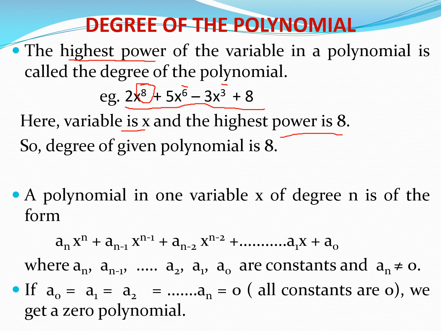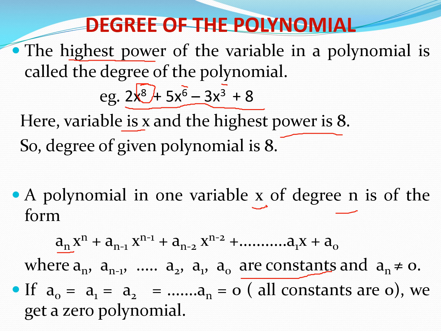A polynomial in one variable x of degree n is of the form a_n x raised to power n plus a_(n-1) x raised to power n minus 1 plus a_(n-2) x raised to power n minus 2 plus so on, a_1 x raised to power 1 plus a_0, where a_(n-1), a_(n-2), so on, a_2, a_1, a_0, these all are constants, and a_n, this is very important, a_n should not be equal to 0.